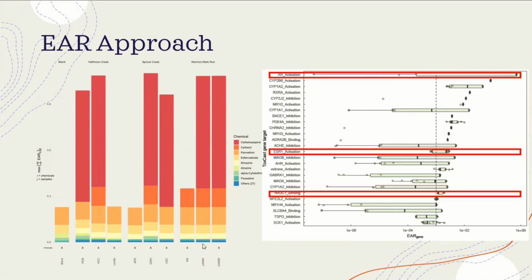And we can also start to incorporate our mechanism-based assays as well. If you remember back to the adverse outcome pathway and the molecular initiating events, we had a series of receptors that are important for endocrine disruption.